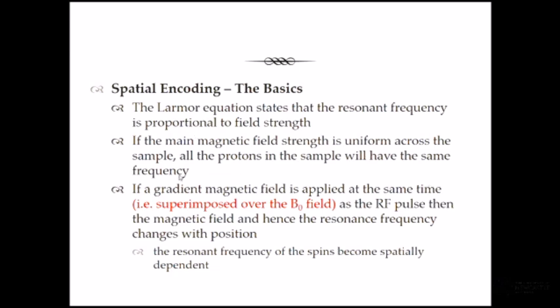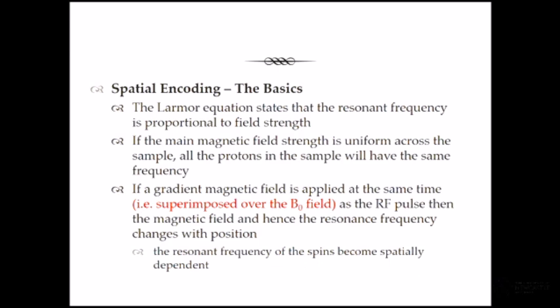So how does that work? If a gradient magnetic field is applied at exactly the same time, superimposed over the main magnetic field, as the RF pulse is applied, then we've suddenly excited a single slice within the body. The resonant frequency of the spins becomes spatially dependent.